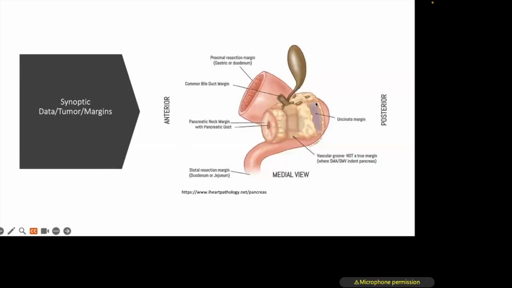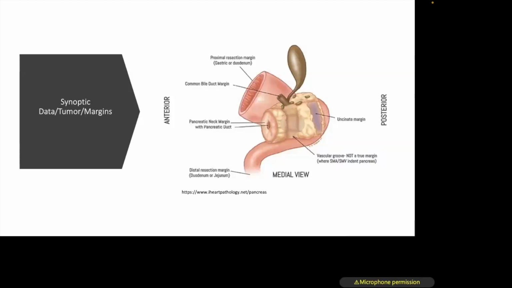Whereas the posterior margin, we found in recent studies that if the tumor is within 1 millimeter of the posterior surface, there's a higher chance of recurrence. So although it's not a true margin because the surgeon doesn't need to cut through it, we still report it if there's tumor involving the surface or if it's close because it has an impact on recurrence.